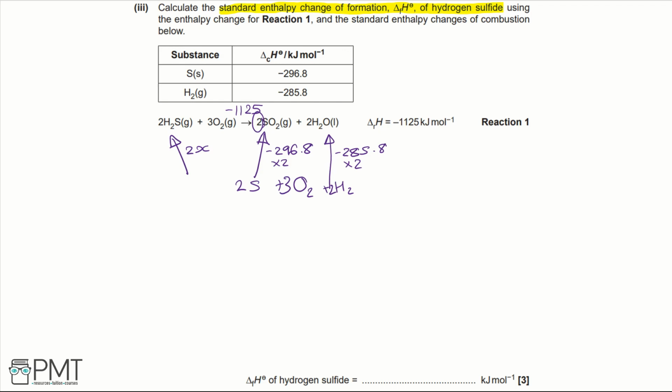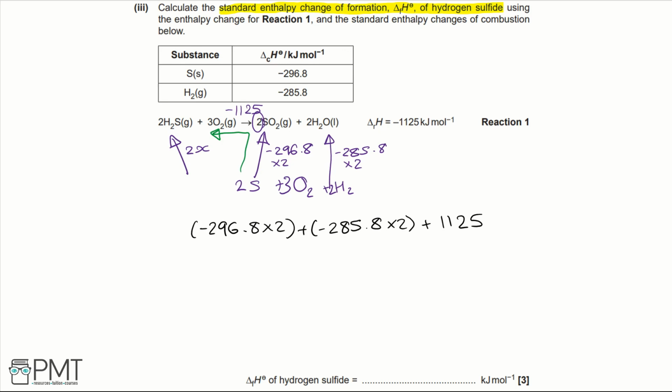So then working out the enthalpy change of formation, we need to go this way around our Hess's triangle, as I've indicated with this green arrow. So that would be minus 296.8 times 2 plus minus 285.8 times 2 plus 1125.